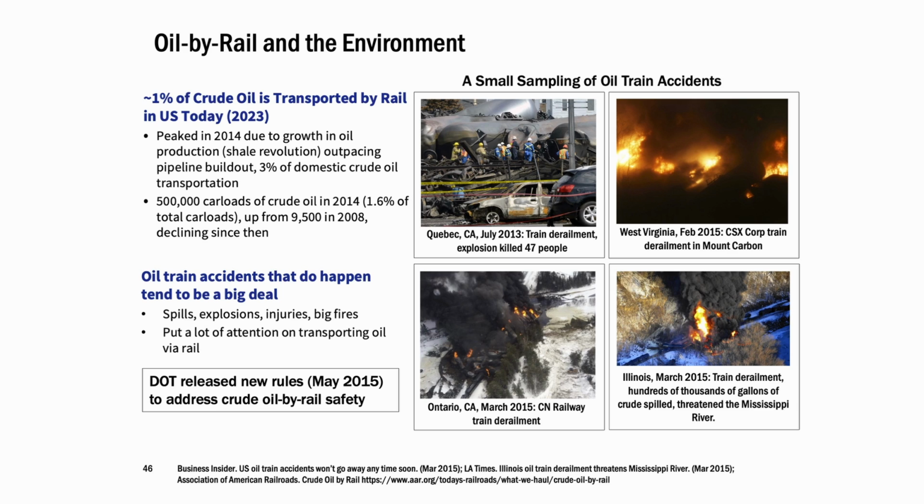Very quickly, we had some very graphic, explosive accidents with oil by rail. And so there was a lot of pressure not to move oil by rail following those accidents. And so you can see we kind of peaked in that 2014 timeframe, and then we've kind of come back down to only about 1% of our crude oil is transported by rail today, as we built out pipeline networks primarily to reach some of those producing fields like in South Dakota.